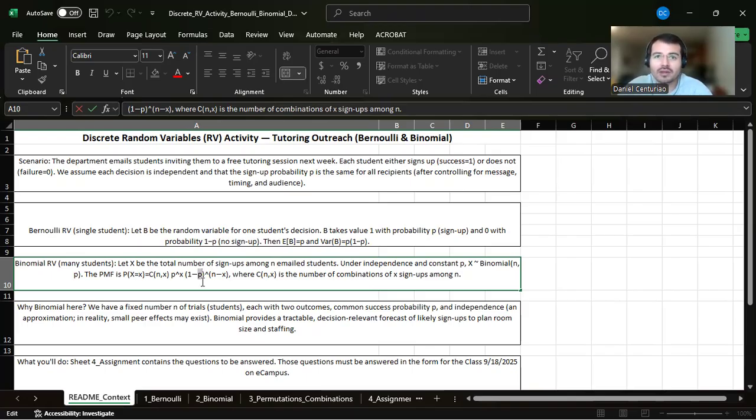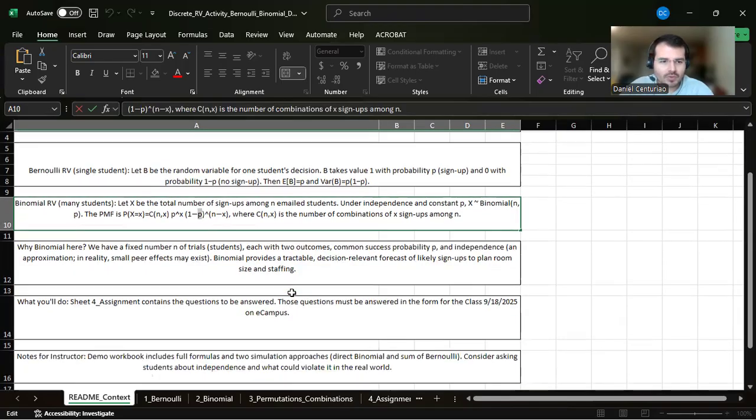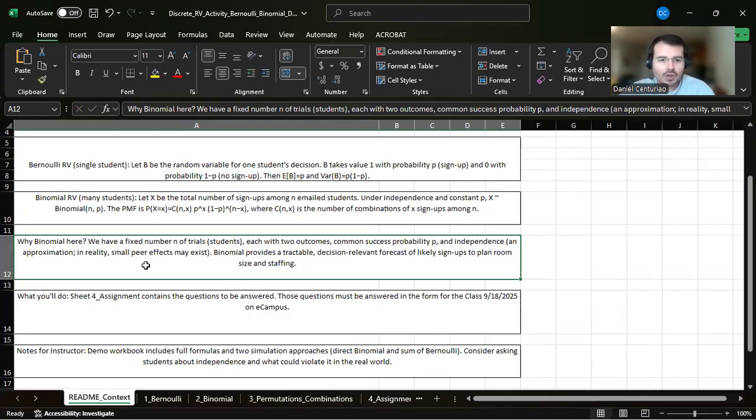Once we collected data for one event, in the second event we know on average that the probability of signing up is 30% or 20%. In this case, we have a fixed number of trials, which means each student is one specific trial in our experiment.